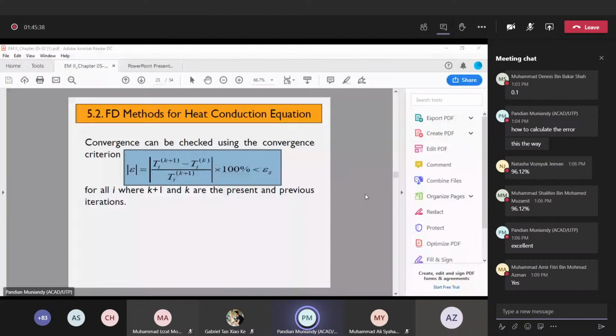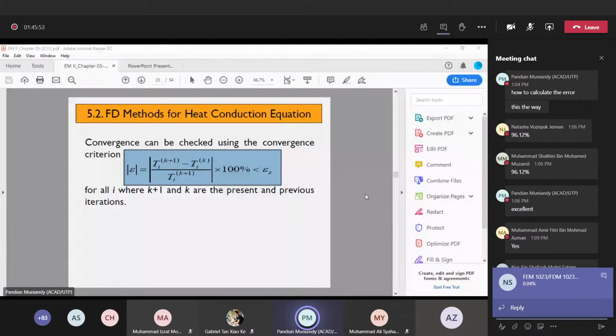1.00234 minus 1.00194 divided by 1.00234 multiplied by 100. Yes, correct.